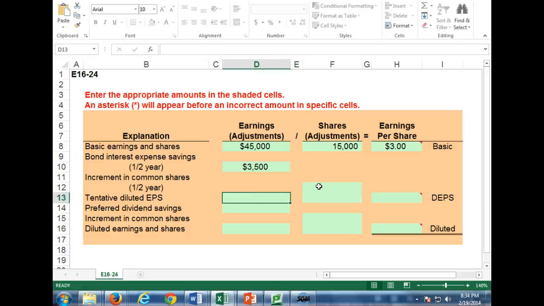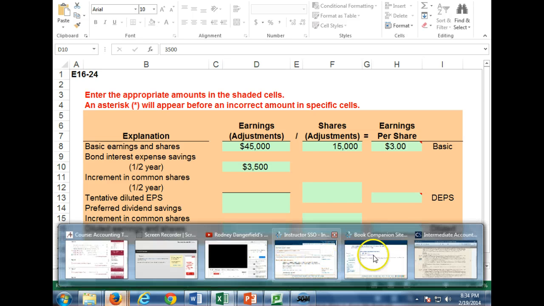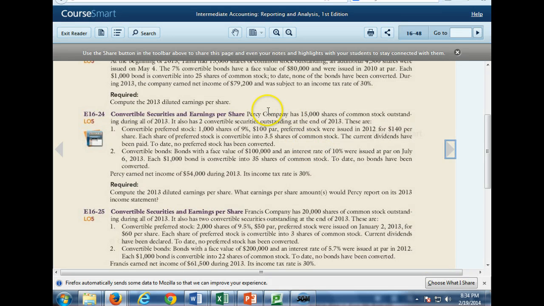So probably what I need to do here is, let's talk about the stock, okay? Increment share adjustment. Well, the interest expense savings would be $5,000, unless I'm doing something wrong here. Bonds, 100,000 at an interest rate of 10% for 6 months. 5,000.